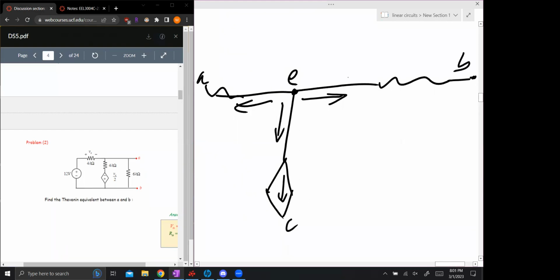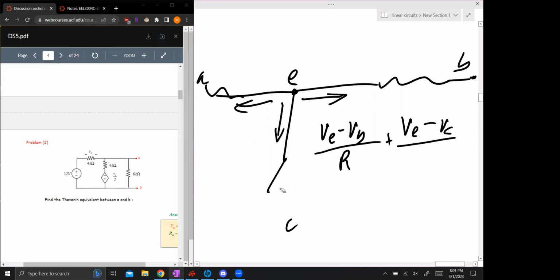Your entire formula is going to be, for example, VE minus VB over whatever that resistor is, plus VE minus VC over the next resistor, and then plus VE minus VA over R3.